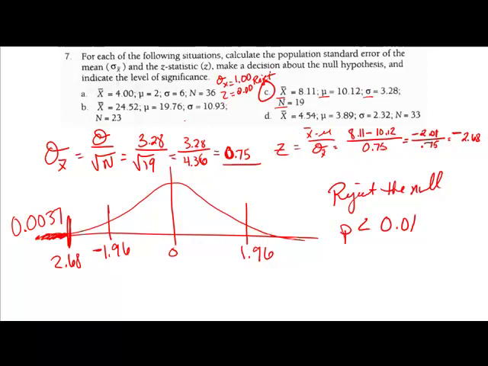For B, let's see, your standard error is 2.28. That gives you a z-score of 2.09. And again, you would reject because the probability is less than 0.05. Okay.